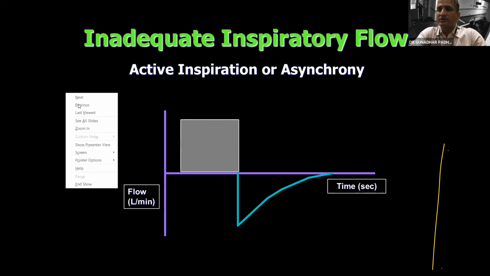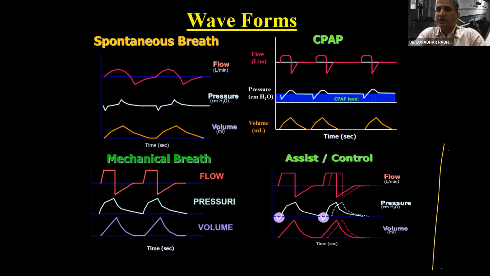First you need to understand whether it is a mechanical breath or a spontaneous breath. If it is a spontaneous breath, whether it is CPAP or CPAP with pressure control. If it is a mechanical breath, whether it is a complete control breath versus the assist control mode. That is what this slide shows. So you just have to identify the abnormality. That's it.